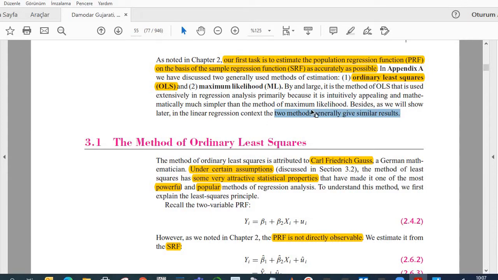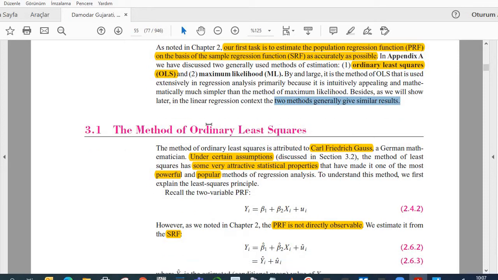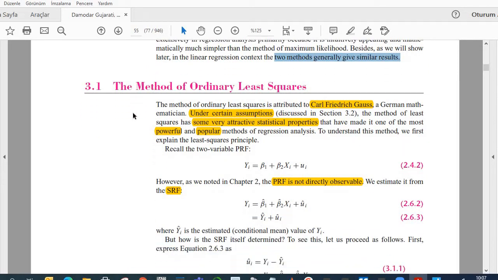So we will continue with the ordinary least square. The method of ordinary least square was proposed by Carl Friedrich Gauss. Under certain assumptions, the method of least square has some very attractive statistical properties that have made it one of the most powerful and popular methods of regression analysis.